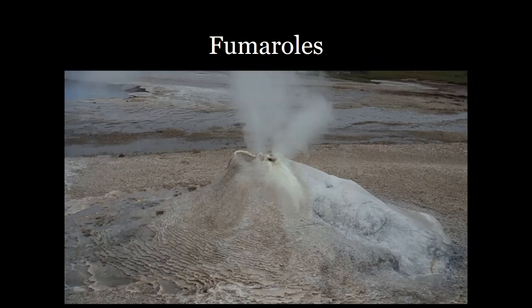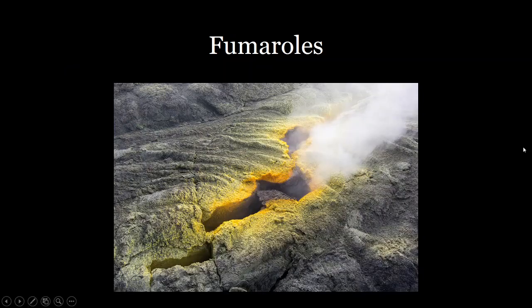But the gases can be a wide variety of types as well. You can see here that this is a fumarole that's forming out of a fracture that has high concentrations of sulfur. That can make the gas very acidic and also form these yellow deposits of sulfur around the opening.